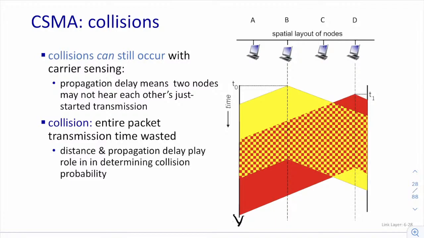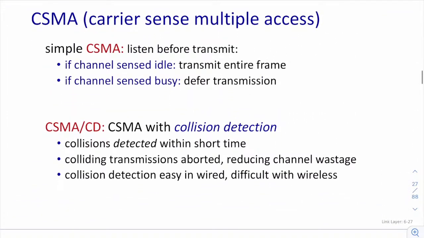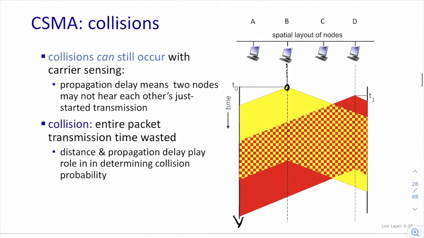So we can see the spatial layout of nodes here, and the time here. Time goes by. At time 0, B wants to send a frame out. As we mentioned before, we use carrier sense. If the channel is sensed idle, it transmits the entire frame immediately.